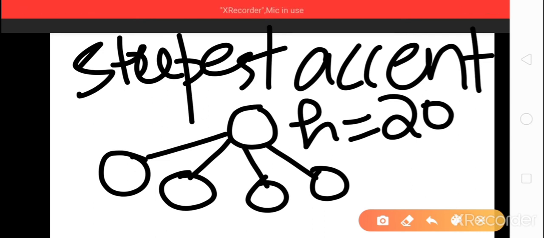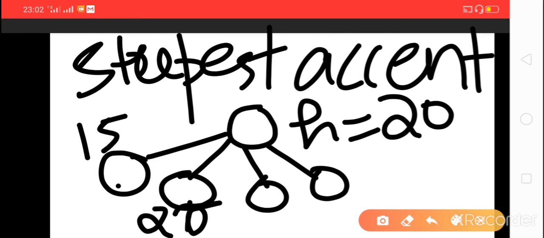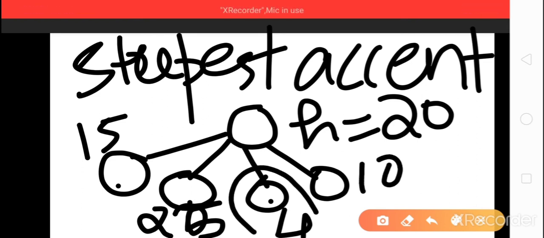Suppose this node's heuristic value is 15, this one is 20 or 25, this one is 4 and this one is 10. The best node is this one, because its heuristic value is 4. So this node is explored, and again this node is explored. That is the steepest ascent hill climbing algorithm, the second one.